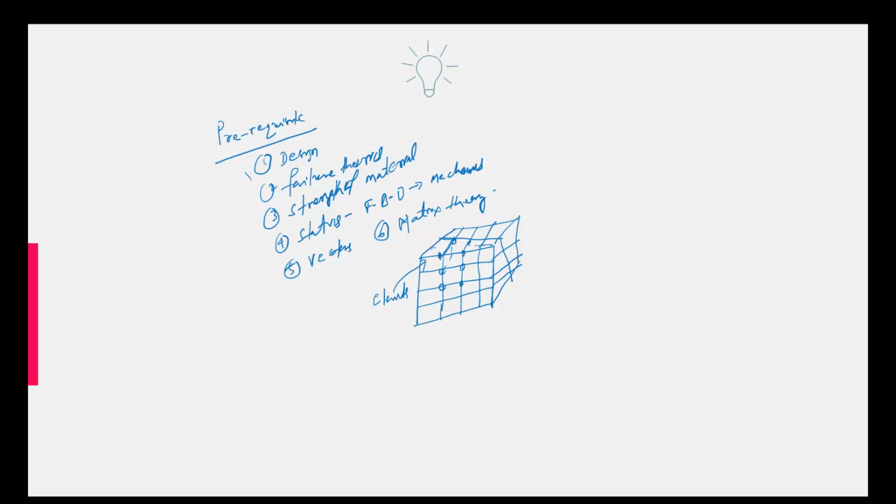If you go for more elements, you can get more results in between. So this is your physical model, and this is your analytical model after dividing. Primarily, this is how you can simplify the overall scenario.